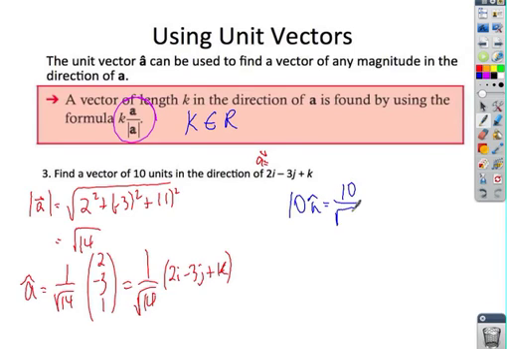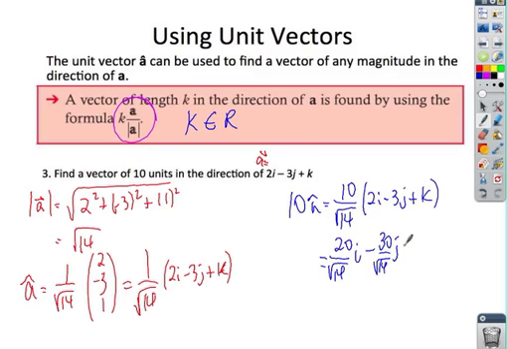So in this case, it could look like this: 10 over root 14, 2i minus 3j plus k. Or you can again distribute this out, and this would be 20 over root 14 i minus 30 over root 14 j plus 10 over root 14 k.